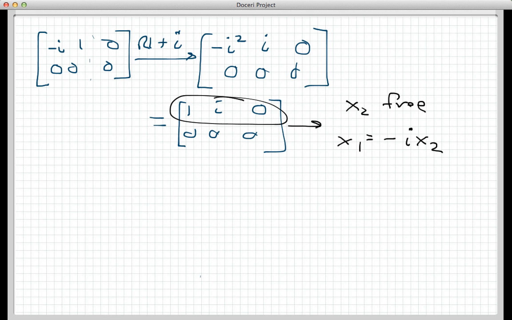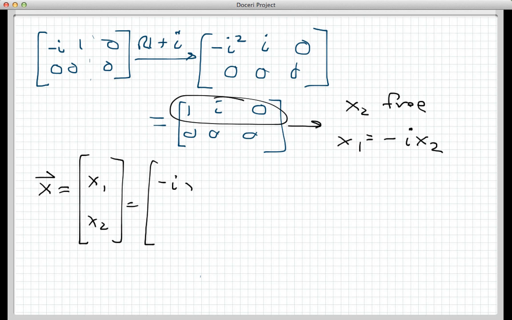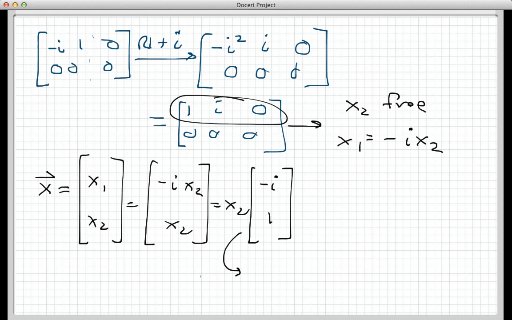If I want a sample solution, let me write out the general solution in parametric vector form. The general solution would have the form x equals x1, x2. x2 is free, x1 is negative i x2. So I only pull out the x2 factor, and I have the vector negative i, 1. Notice this vector belongs to that space C2.